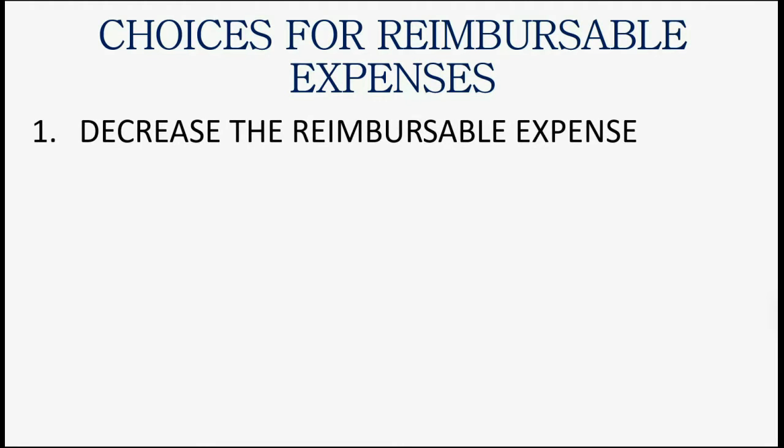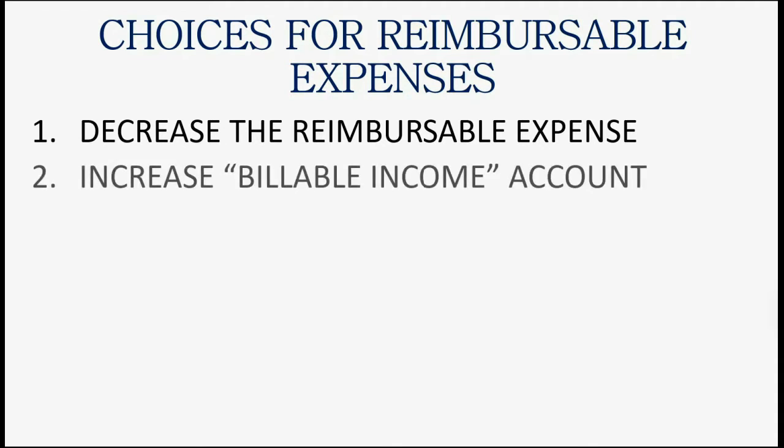And you should know that there are several choices for reimbursable job costs and expenses regarding how QuickBooks Online can record it in your records at the minute that you bill the client. You could ask QuickBooks Online to decrease the expense that you paid for because it increased when you paid, so you might want it to decrease when you pass off that cost to your client.